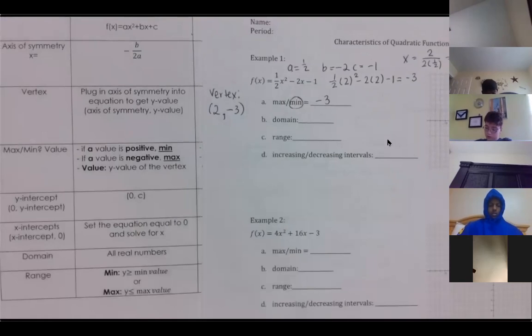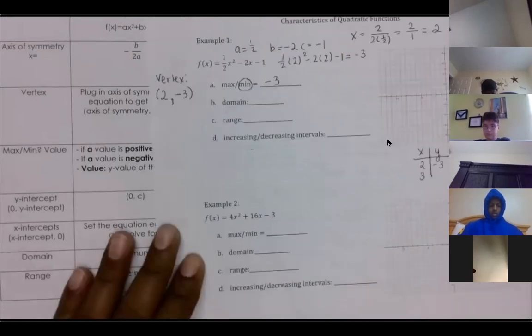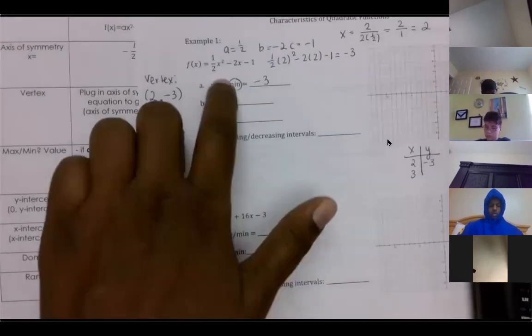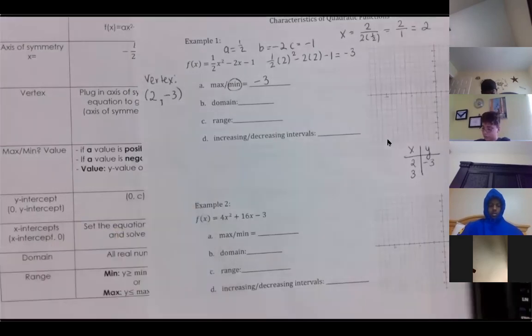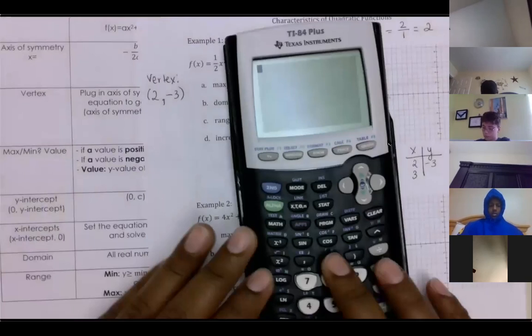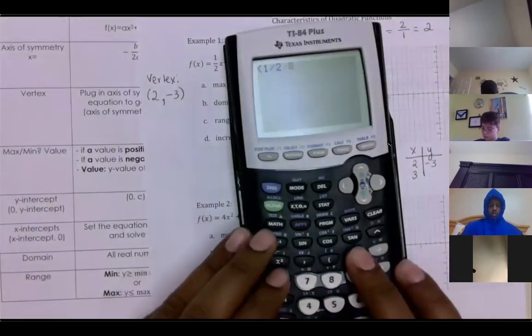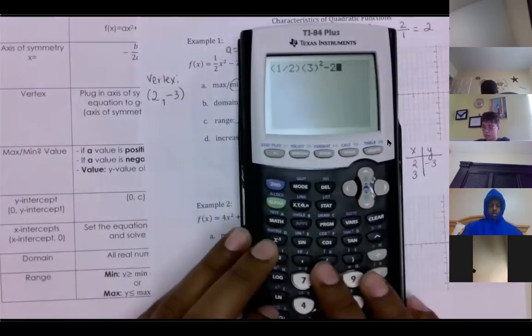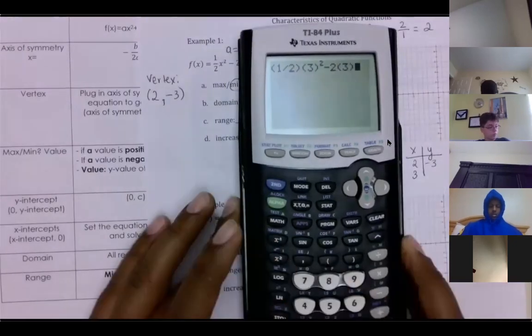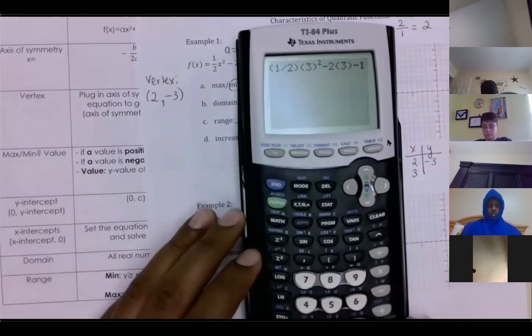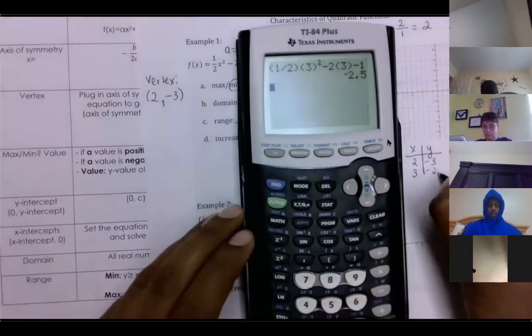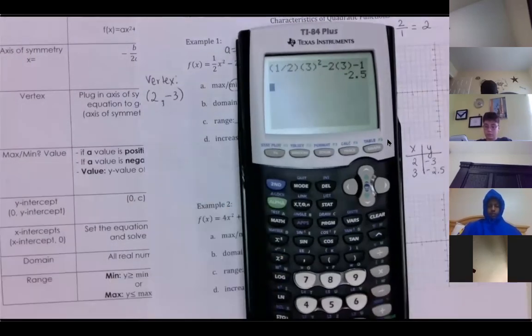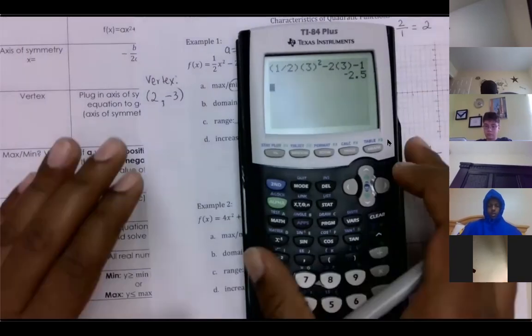So we're going to plug in 3 everywhere that you see an x value in your original equation. So it's going to be 1 divided by 2, parentheses 3 squared, minus 2, parentheses 3, minus 1, and that's going to give you -2.5.